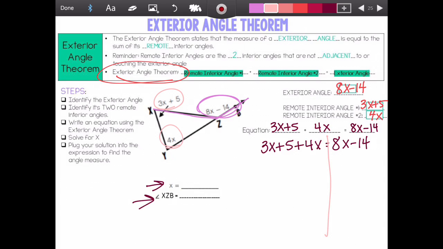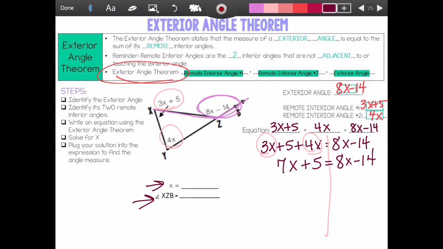On the left side, I have 3x and 4x. So like yesterday when we were using the triangle sum theorem, we were combining like terms before we solved. So we want to do the same thing. So here, 3x plus 4x gives me 7x. And I still have this plus 5 equals 8x minus 14.